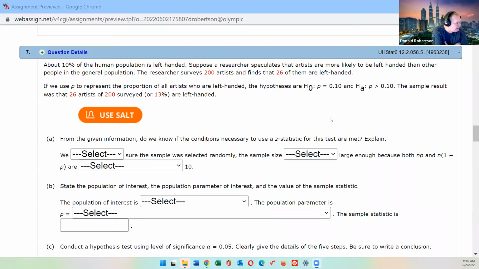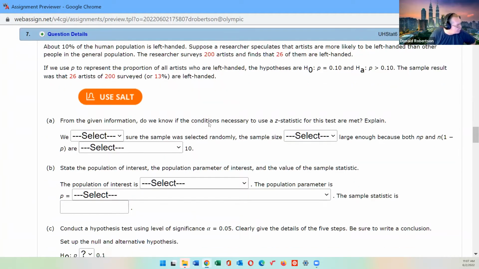If we use P to represent the proportion of all artists who are left-handed, then the null hypothesis is that the percentage is 10%, and the alternate for artists is that it's more. They repeat the information that they had up here.